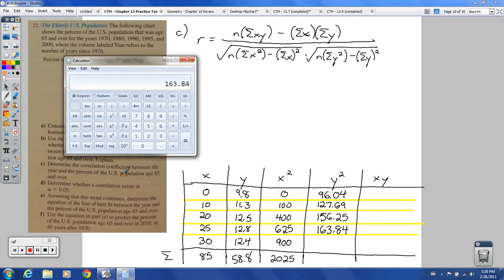I want to double check that one. I didn't see if I typed that in right. Yeah, okay. And then 12.4 times 12.4, that is 153.76.